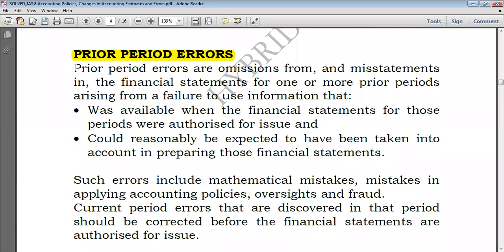He was using those monies maybe for betting. You know, there are a lot of people nowadays, they are given funds, they misappropriate funds of an organization and go to bet shops. So that's the prior period error.